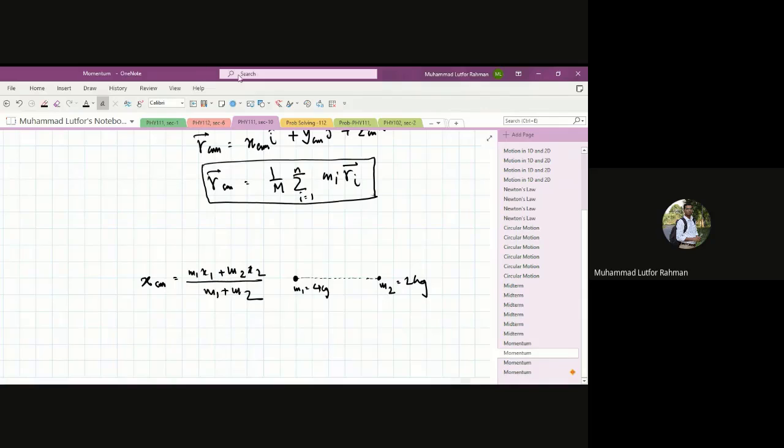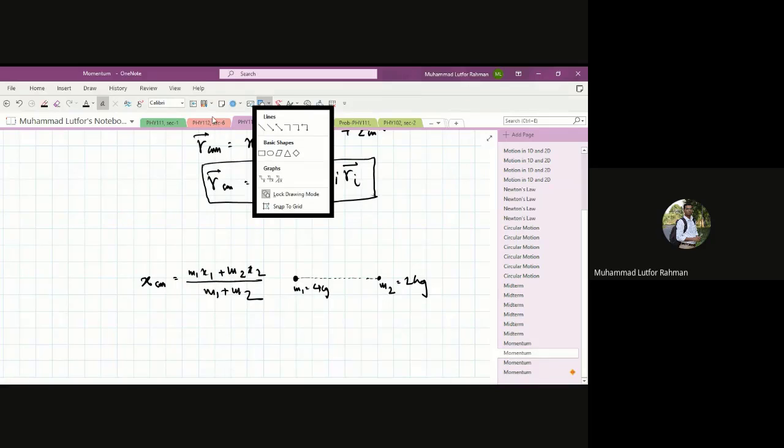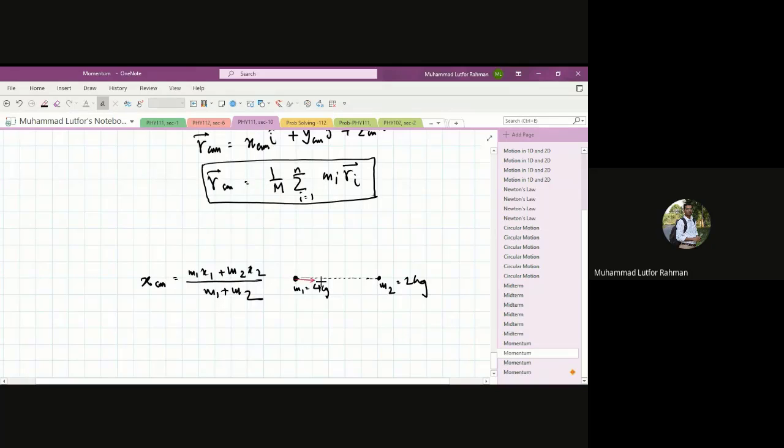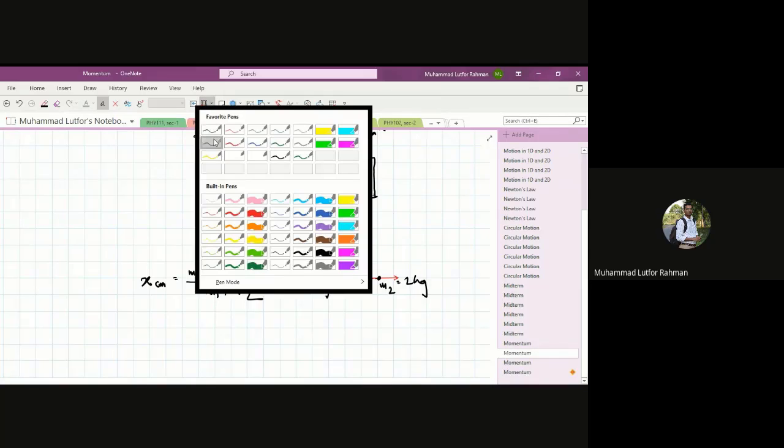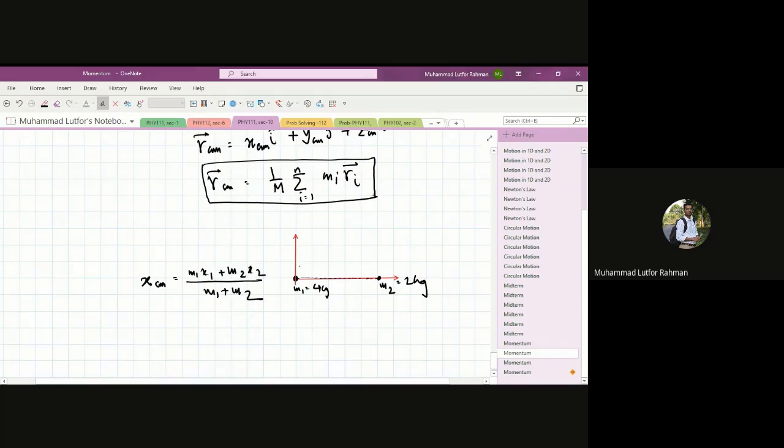I should choose a different color. So this is my x direction, and this is my y direction. And say the distance between these two point masses is 5 meters.